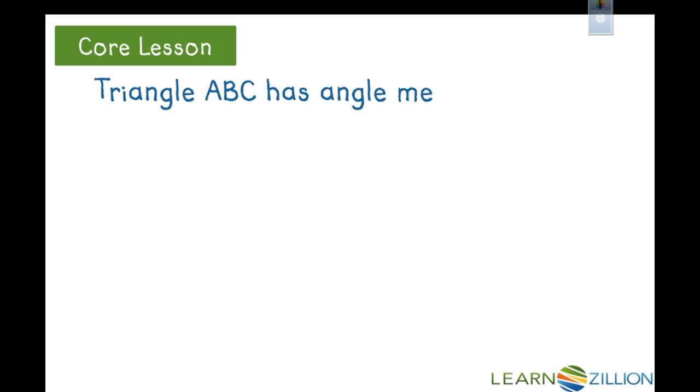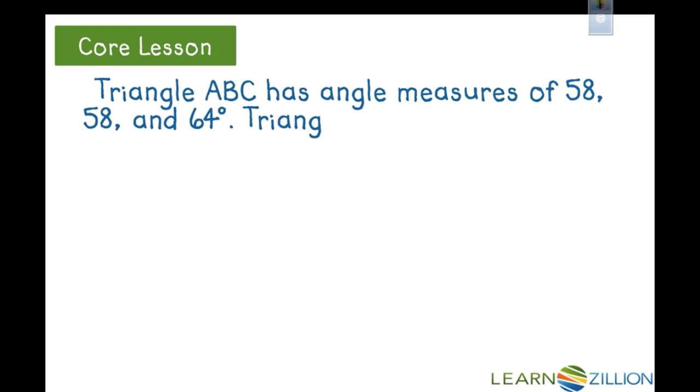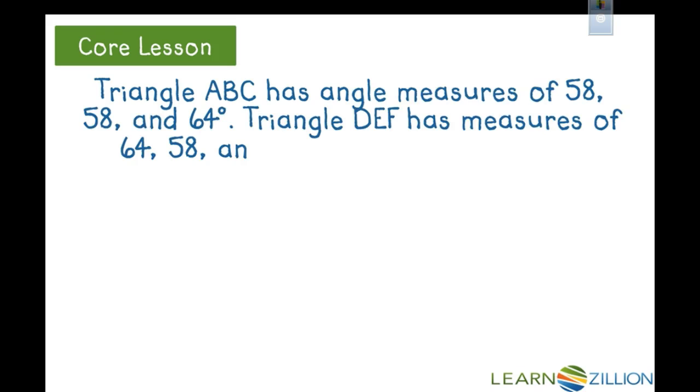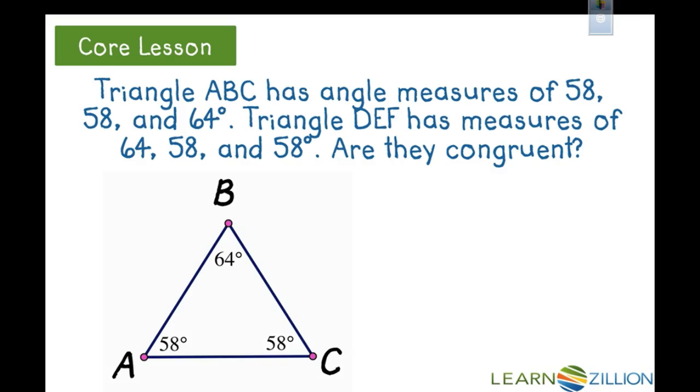Let's try a word problem now. Triangle ABC has angle measures of 58, 58, and 64 degrees. Triangle DEF has measures of 64, 58, and 58 degrees. Are they congruent? Here is what triangle ABC might look like, and here's how triangle DEF might look. The problem didn't give us any side lengths, so we can draw them any size we want.